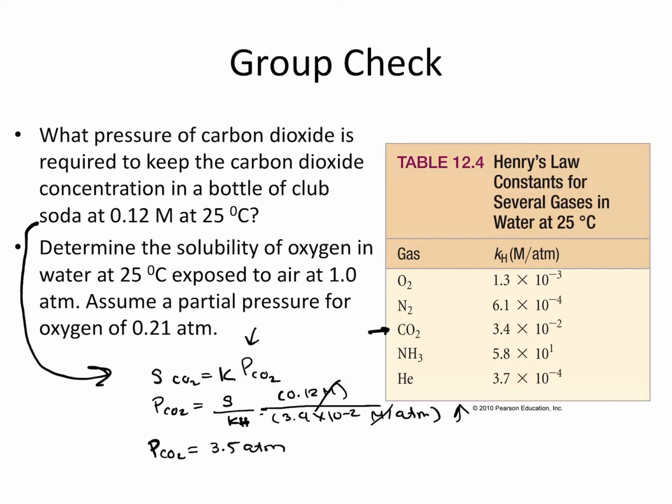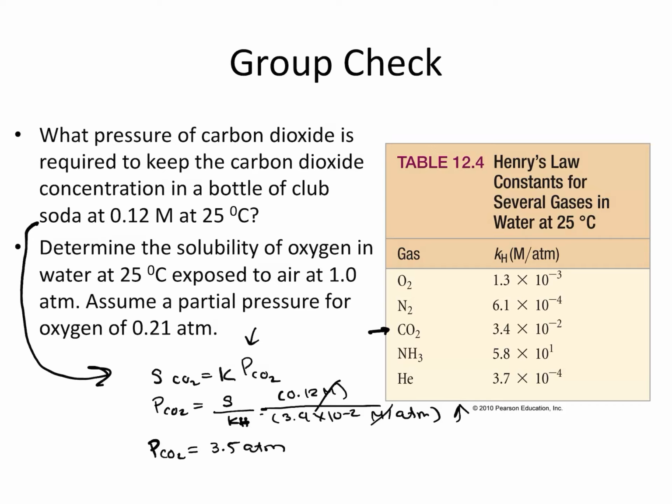Now what you notice is your molars cancel, your atmospheres move up, and if you look at your units, you get the appropriate units for pressure, which will be 3.5 atmospheres. So you need the pressure to be around 3.5 atmospheres in order for the solubility to be 0.12 molar for carbon dioxide at this temperature.